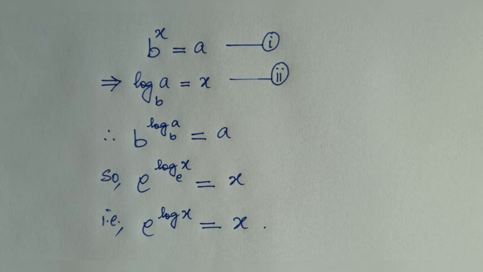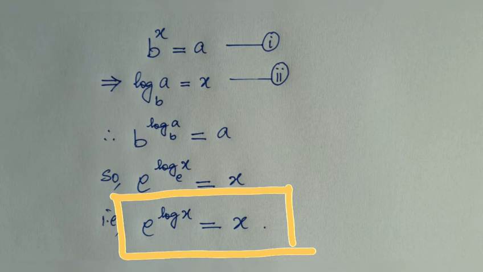You must also learn this one very important fact. It starts like this. If b is raised to the power x and the whole thing is equal to a, that we can read as log a to the base b is equal to x.